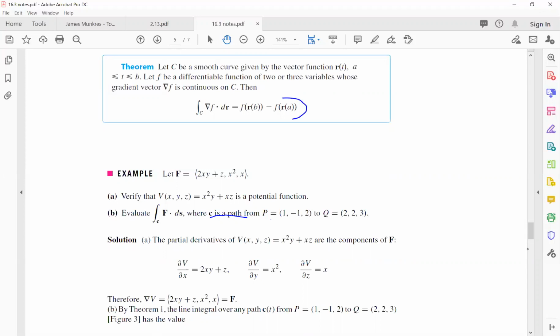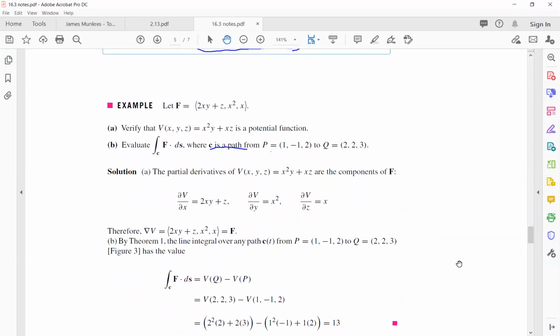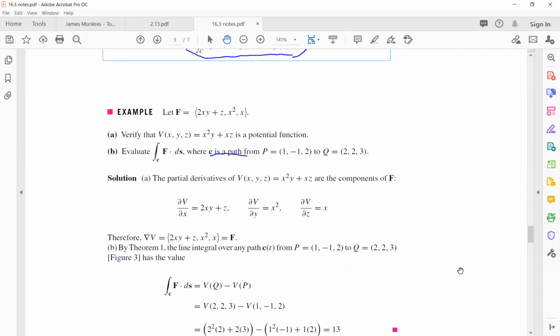Remember that we have a conservative function and we have a nice theorem. We already know that function f is equal to the gradient of function v. So by using the theorem, we can use this potential function at the given endpoints, starting point, ending point, and evaluate the integral.